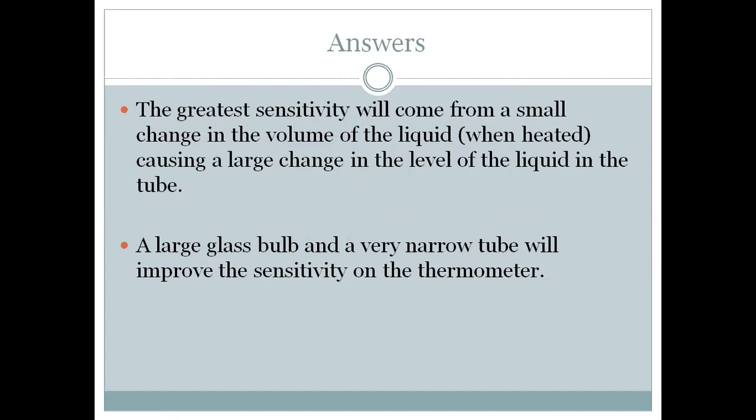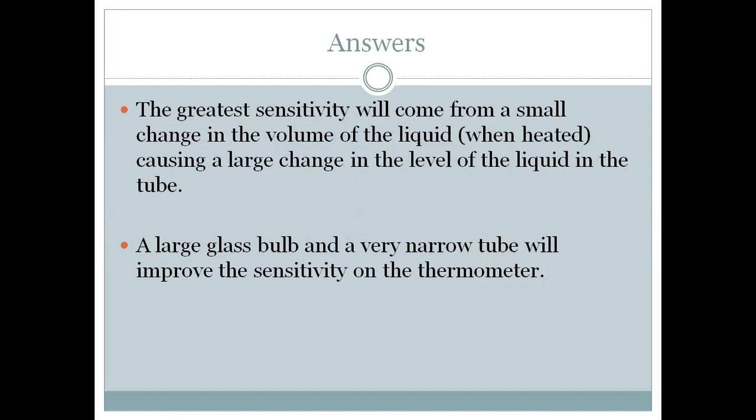So if we decrease the volume of the bulb, we will decrease the volume of liquid inside the bulb. That's why we will have more change in the level of the liquid inside the capillary tube. Second action, a large glass bulb and a very small narrow tube will improve the sensitivity of the thermometer.